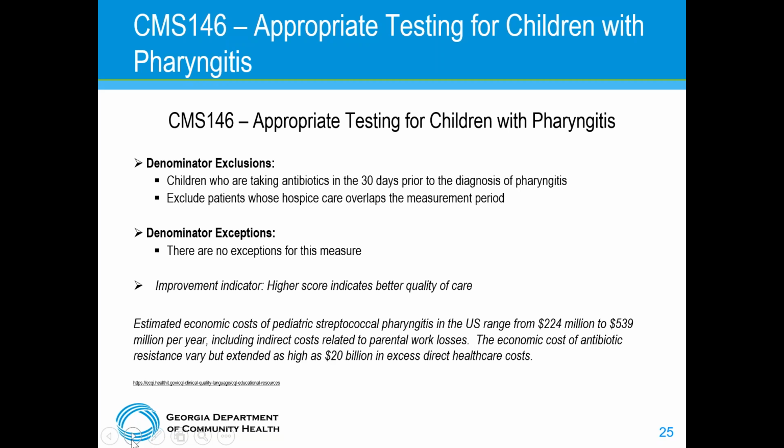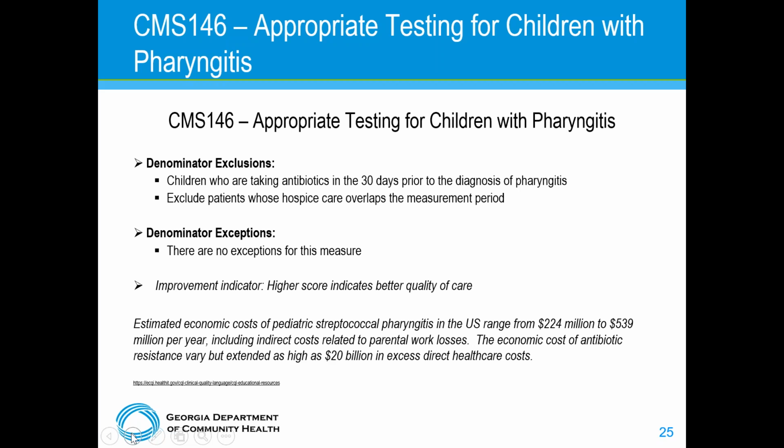This is an episode of care measure that examines all eligible episodes for the patient during the measurement period. So if the patient comes in multiple times during that 90-day measurement period for complaints of a sore throat, each episode should be included for this measure.